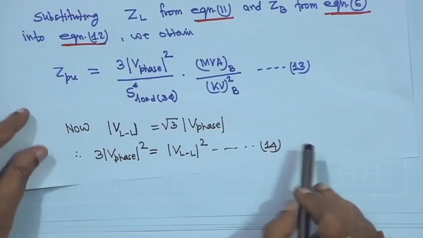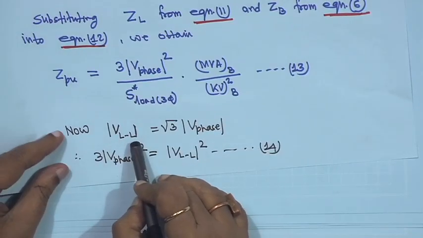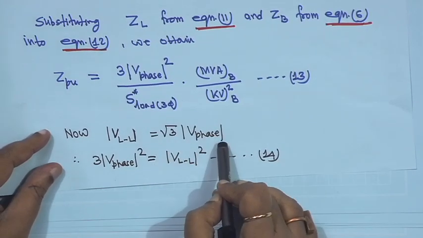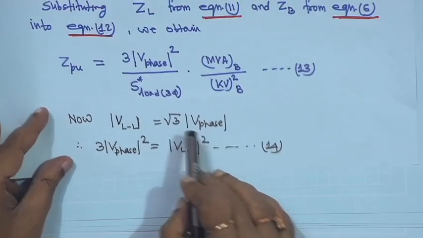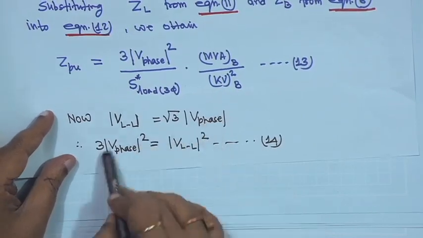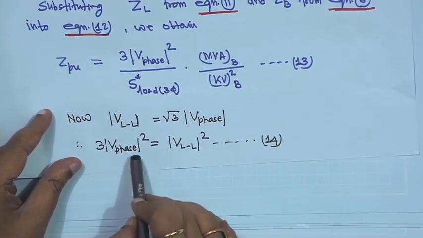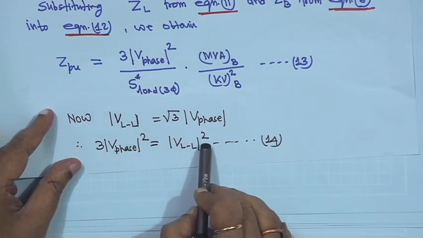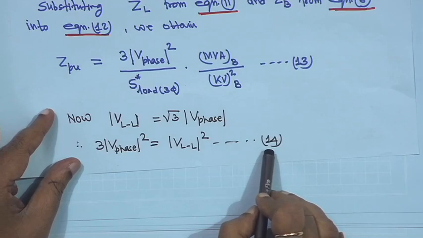So, now magnitude of V line to line voltage is equal to root 3 times magnitude of phase voltage. That means square it on both sides and bring this to this side. So, 3 into magnitude of V phase square is equal to magnitude V line to line voltage square. This is equation 14.